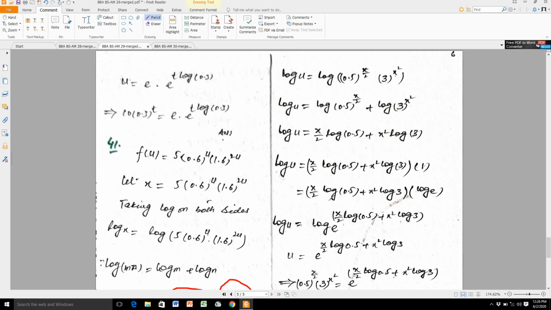And in the next step, this complete thing become the power of this exponential function, and this log is cancelled with this log, and you get u is equal to e raised to the power x by 2 log 0.5 plus x square log 3.